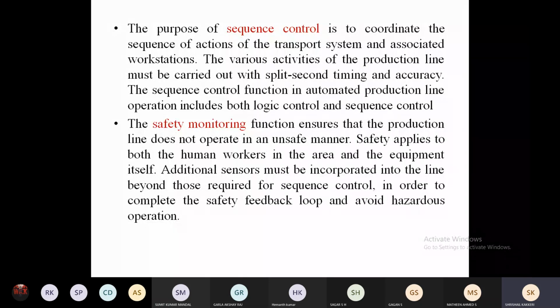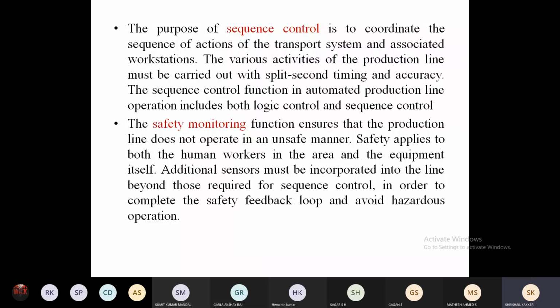It is still not a danger situation, because the intervention is only going to happen. A red light or alarm will be switched on, meaning some object is entering the system. So safety monitoring devices are provided on all workstations or automated devices to avoid hazardous operations and to maintain safety.